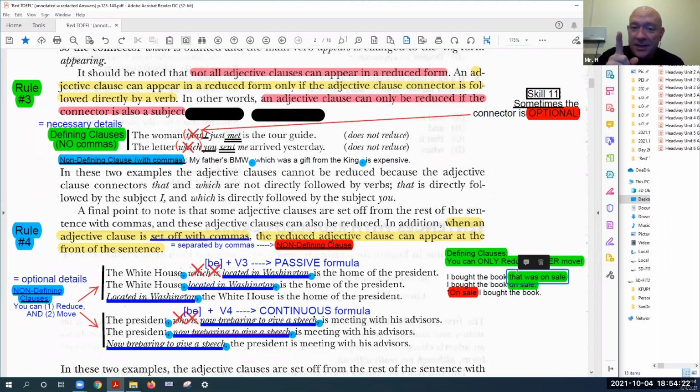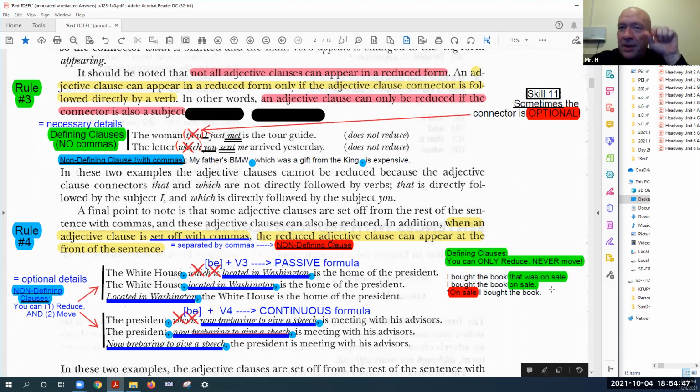We delete the connector subject and delete the be verb. But what does the rule say? Never move. You cannot move it. Read the second example. I bought the book on sale. So the first and the second example are both the same, right?